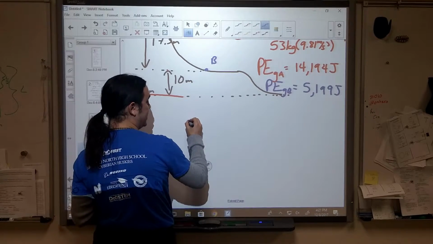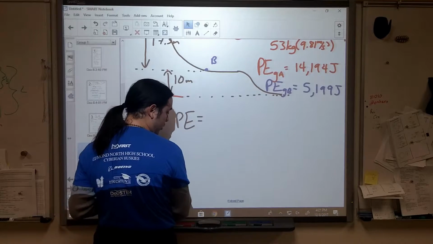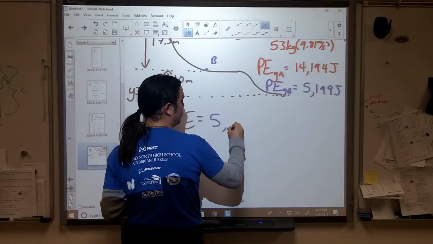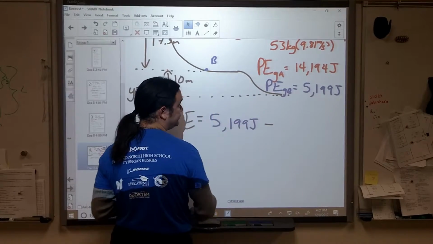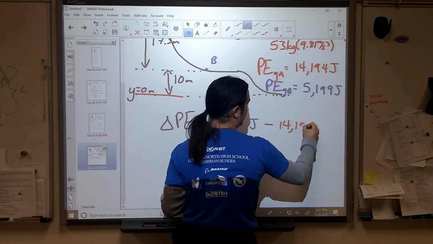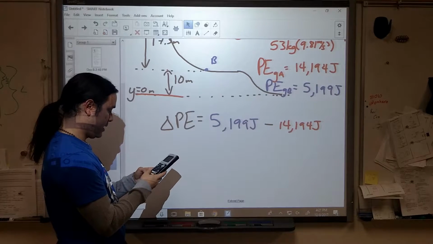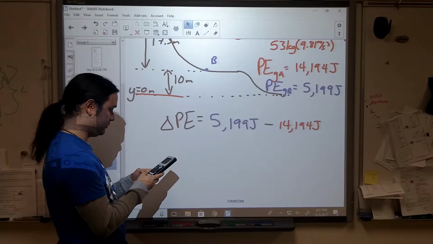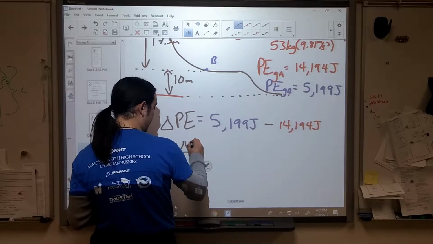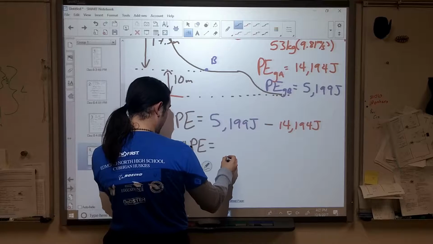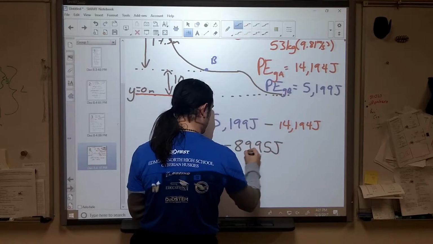But technically, delta PE is going to be final, 5,199 joules, minus initial, which is 14,194 joules. My delta, 5,199 minus 14,194, I get the following. Delta, final minus initial, is equal to negative 8,995 joules.